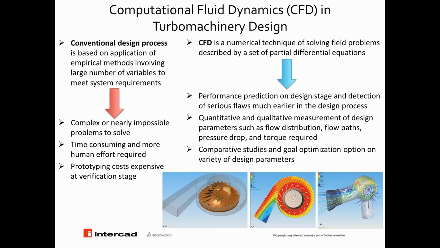You can have quantitative and qualitative measurements of the design parameters, such as flow patterns, pressure drop, and torque required, and then based on what you have found, you go for comparative studies and find the best or optimum design by varying your design parameters, such as the dimensions, angles, flow types, etc. Okay.